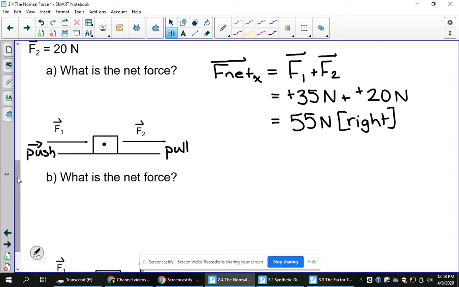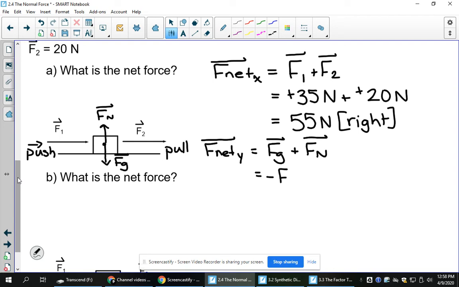We haven't drawn it because it doesn't affect the question. So what's really happening to this box is there's a force of gravity acting on it and a normal force perpendicular to the surface. If I wanted to do the net force vertically, I would have to add up force of gravity plus normal force. And what we know is that the force of gravity is just the opposite direction of normal force.